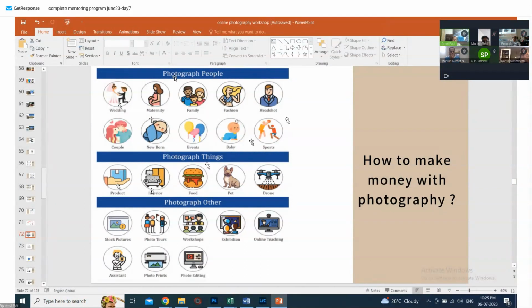Amazon requires a lot of product photography, interior architecture, buildings, food photography, right? Swiggy, Zomato. You've seen those pictures, right? You first eat with your eyes. It should be tempting enough for you to go ahead and Swiggy it and Zomato it.